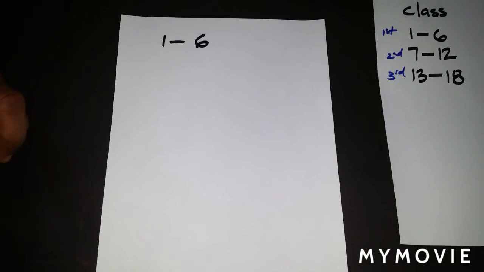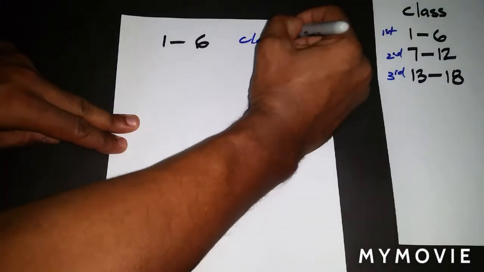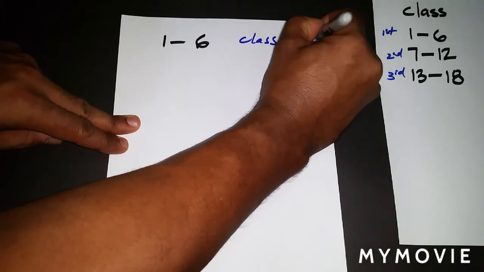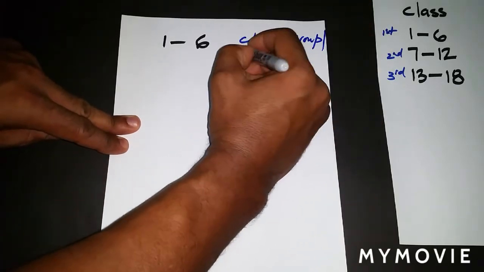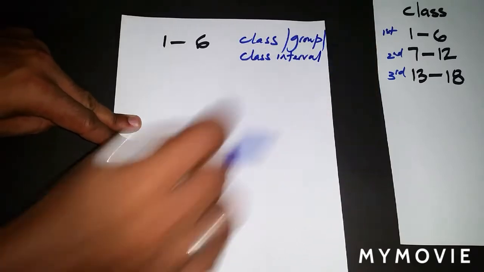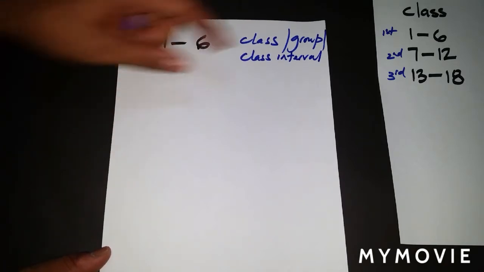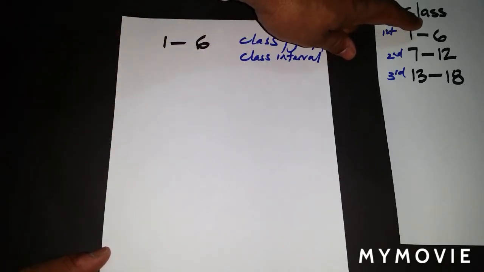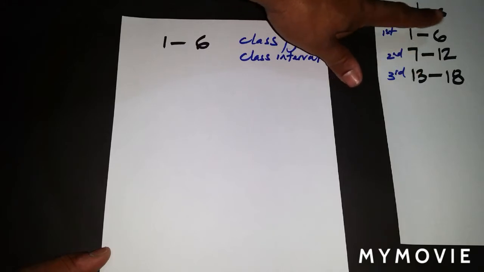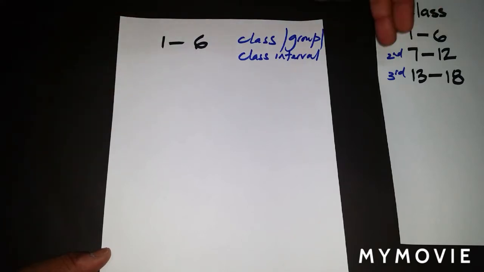Remember that even though this is a class, it can also be called a group, and it can also be called a class interval. So we have not only 1, 2, 3 classes, but 1, 2, 3 class intervals, or 1, 2, 3 groups. The first group, second group, third group, or first class interval, second class interval, third class interval.